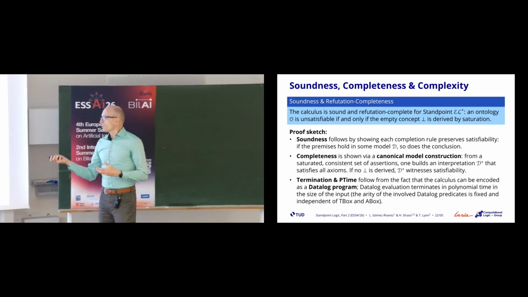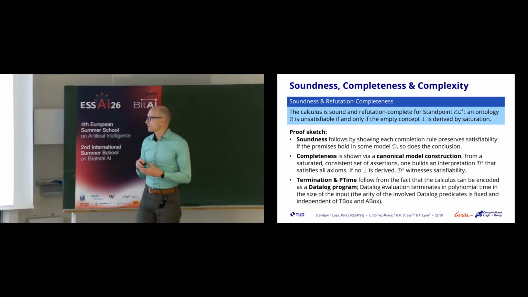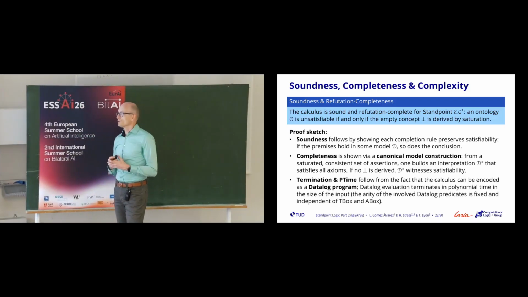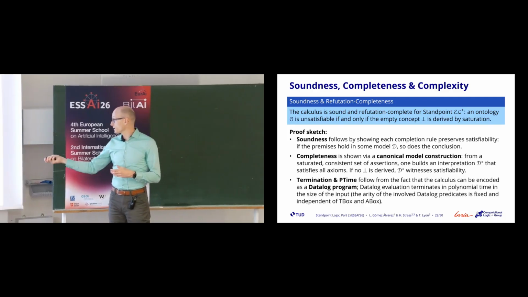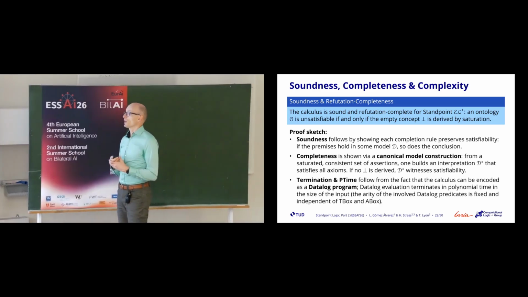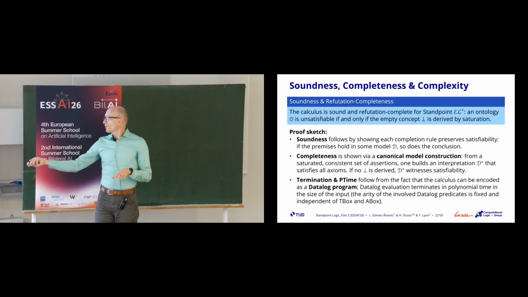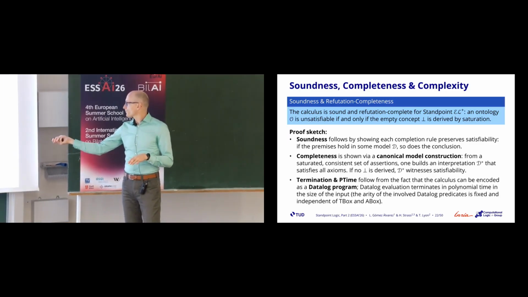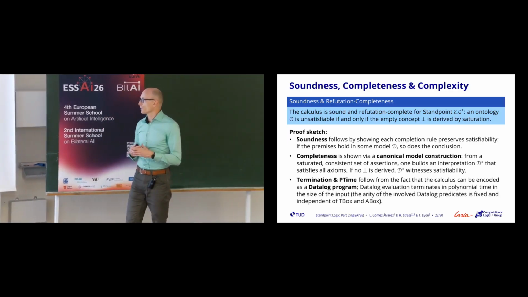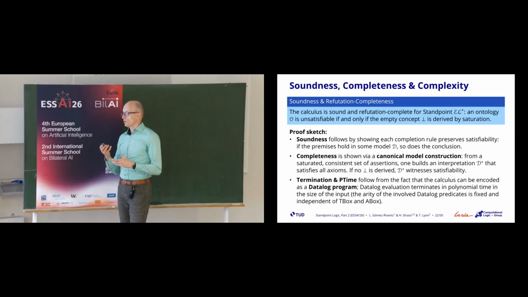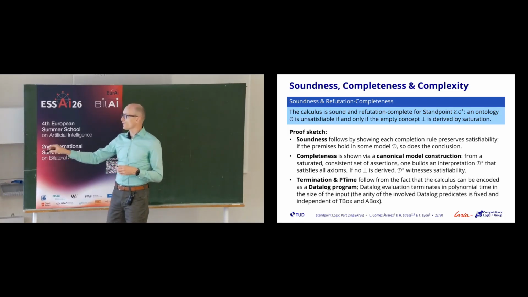Right? So the implementation we have is still not something that you might want to use in practice for very large ontologies, but at least it works in principle, and it gives us this PTime complexity result. And also the important point here is that we have an implementation of the calculus where the arity of the predicates is independent of the T-box and the A-box.